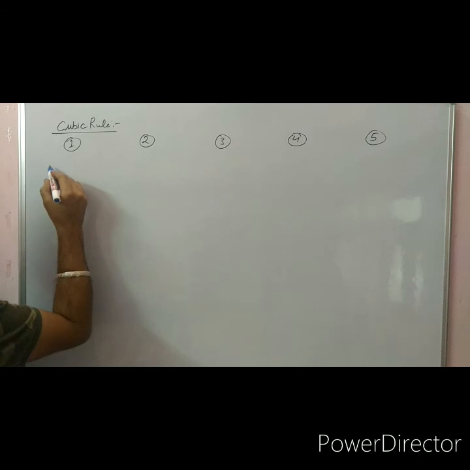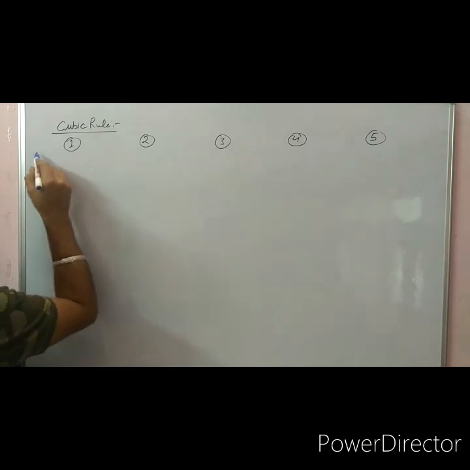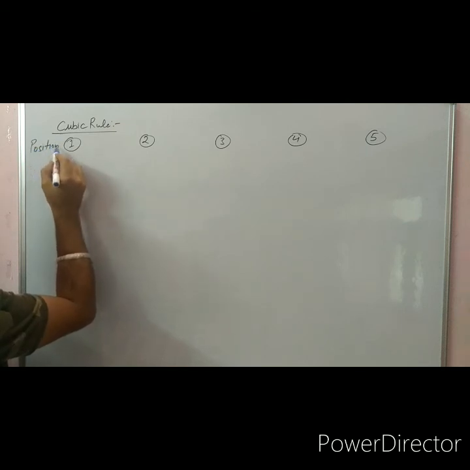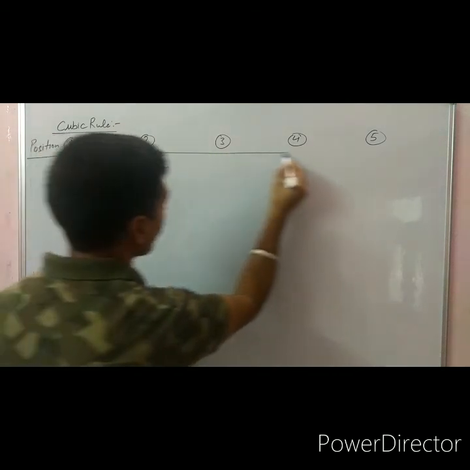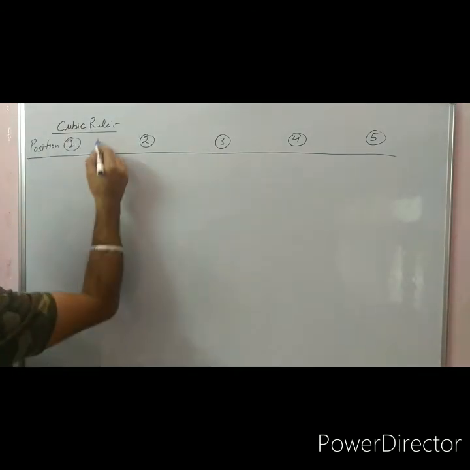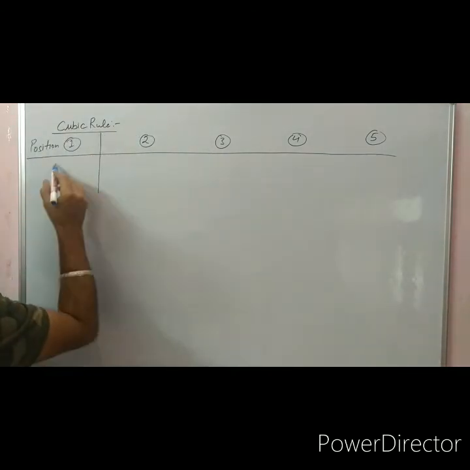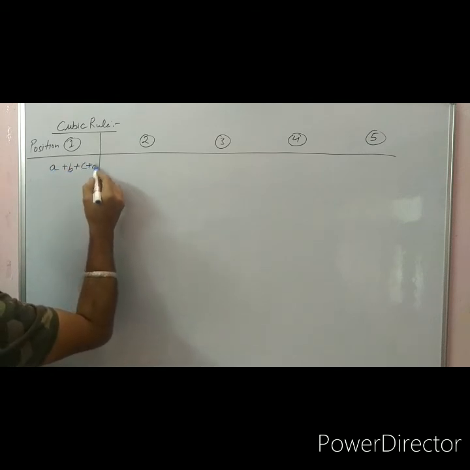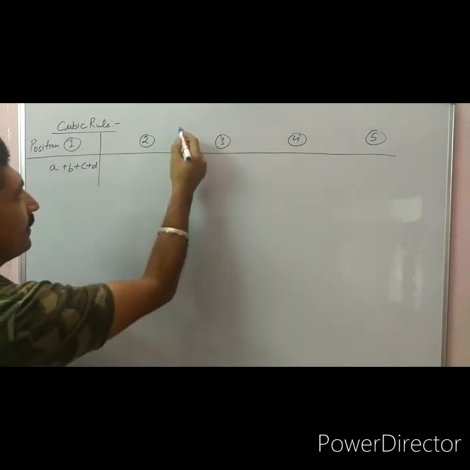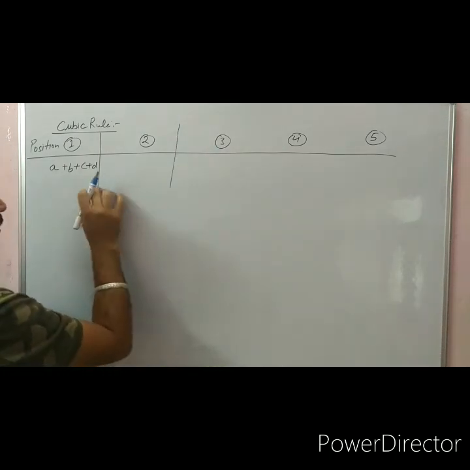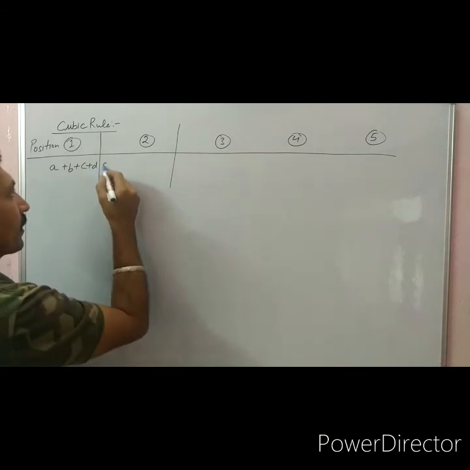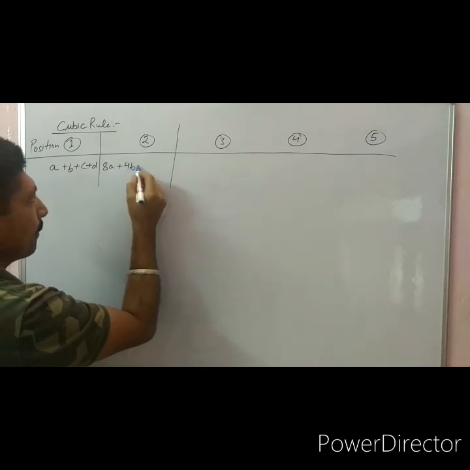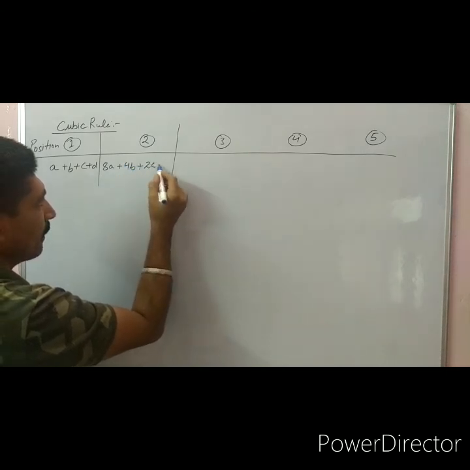The first term, that is the position 1, is A plus B plus C plus D. Second, eight A plus 4B plus 2C plus D.